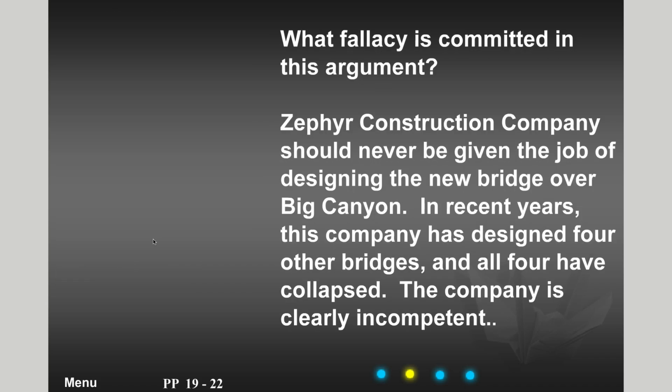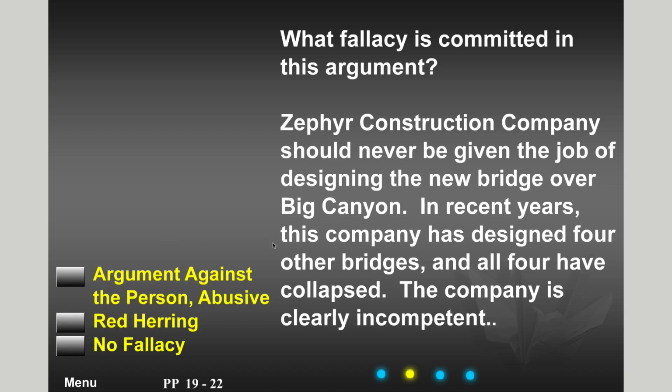Okay? And, Zephyr Construction Company should never be given the job of designing the new bridge over the Big Canyon. In recent years, this company has designed 4 of the bridges, and all 4 have collapsed. The company is clearly incompetent. Now, you might think this is an argument against the person, abusive, right? Because it's saying something bad about the company.